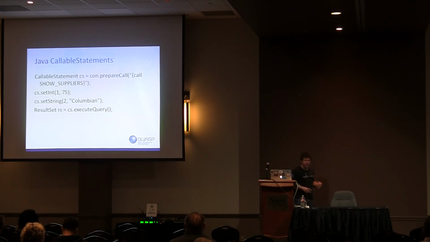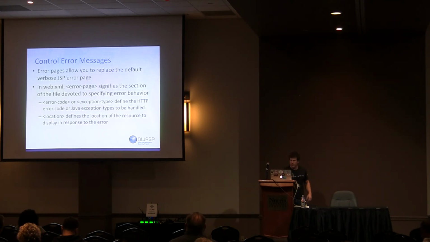And so the pattern that you want is to make sure that those variables are treated as variables. And finally here, from a Java-specific standpoint, we want to control error messages. So in your web.xml, you can go in and indicate in the error page tag, error codes and location of the resource to display. What you don't want is a behavior where anytime an exception gets thrown, you pop up a 500 page with a stack trace and all kinds of verbose output.